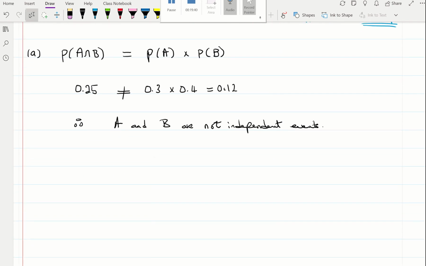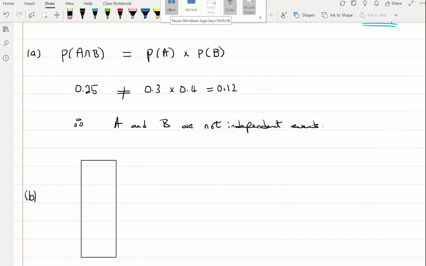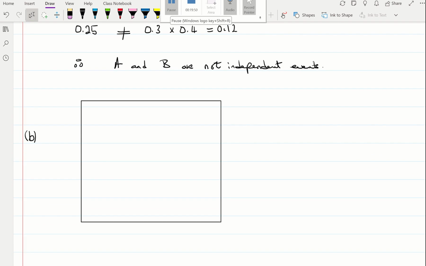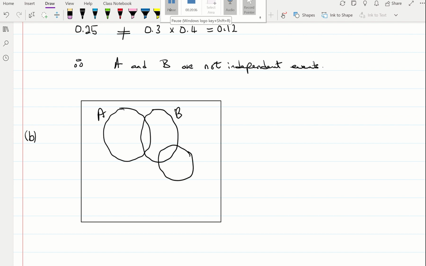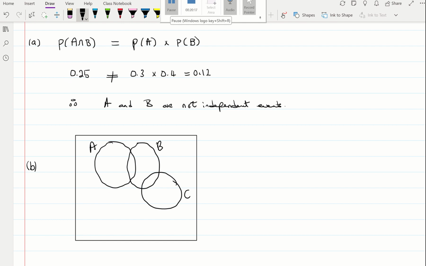Okay, so I need a rectangle to start with. There we are. I need A and B to overlap, and then C is overlapping with B. I know that the overlap between A and B is 0.25.